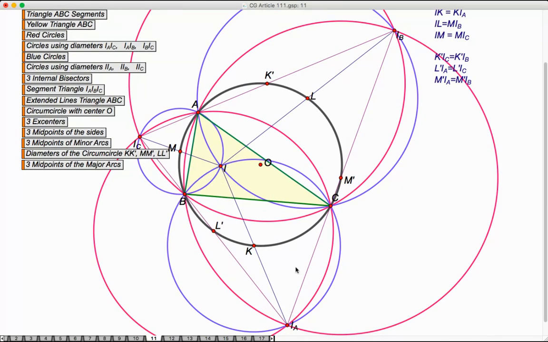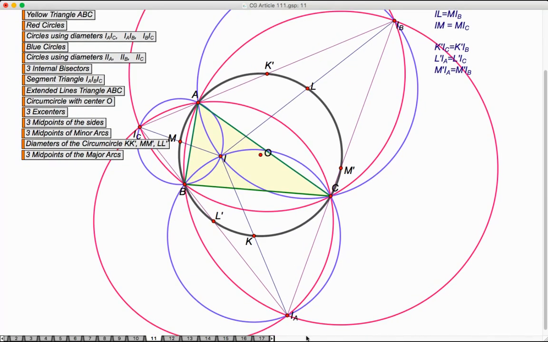The first one is this one, and it's determined by I sub A. The next one is this big one, determined by I sub B, and the smaller blue circle determined by diameter I sub C. And the respective centers are points K, L, and M. All of them lie on the black circle, which is the circumcircle of the green triangle.